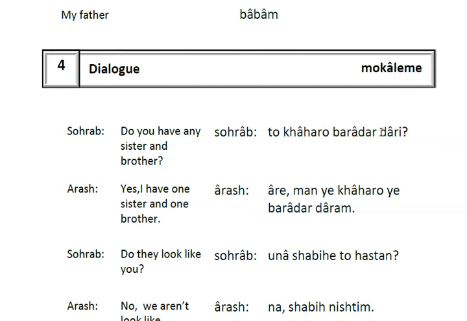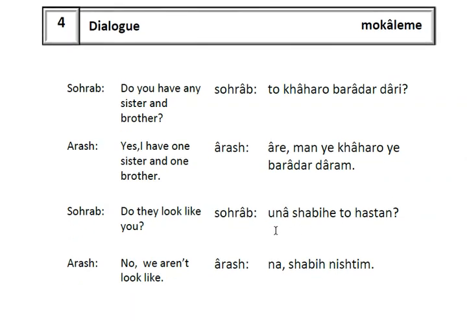Do you have any sister and brother? آره means yes. من یه خواهر و یه برادر دارم. اونا شبیه تو هستن؟ شبیه means similar, look like. نه، شبیه نیستیم.